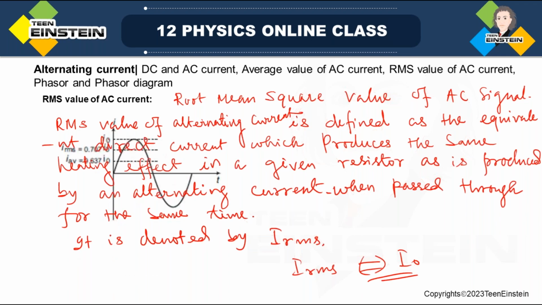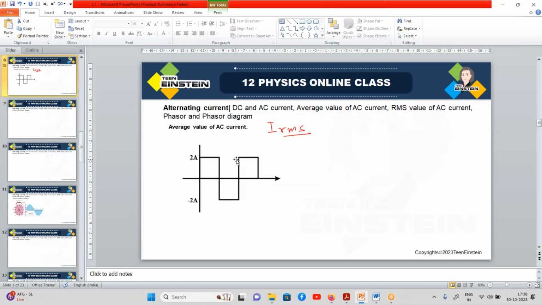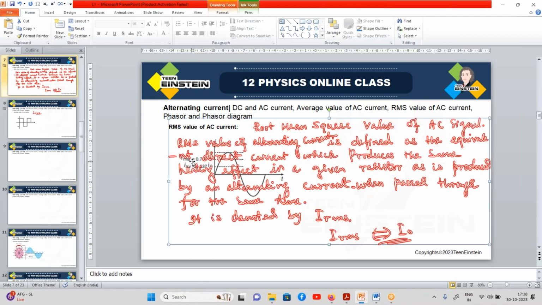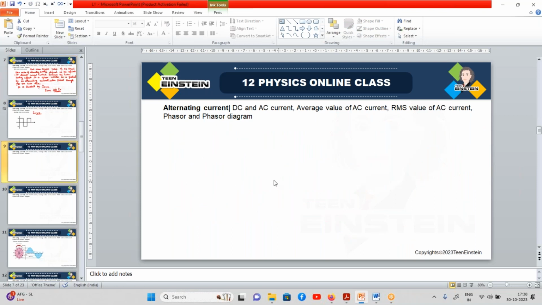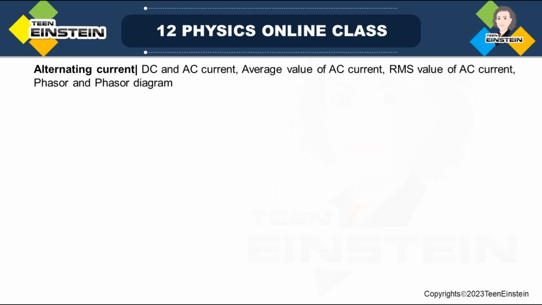So we are actually finding IRMS. Let me get this particular figure here, it will help me explain some points.